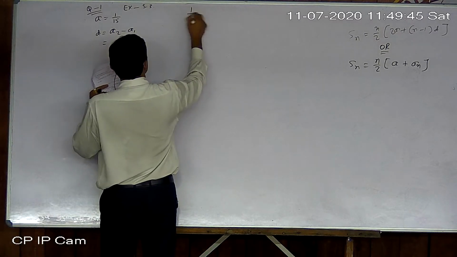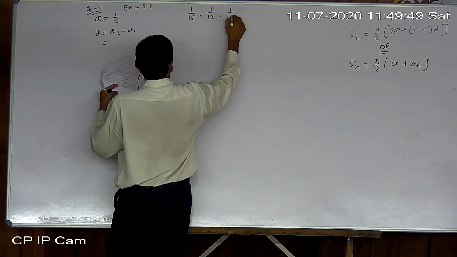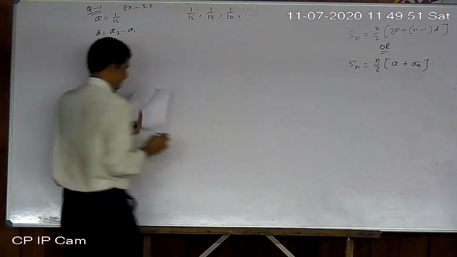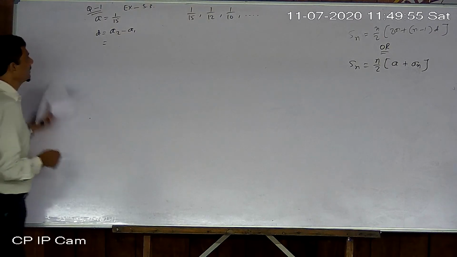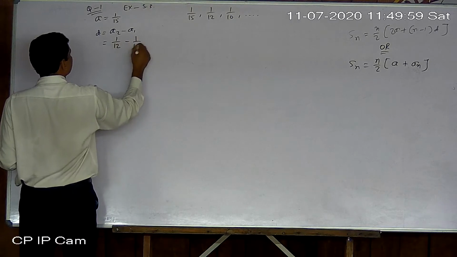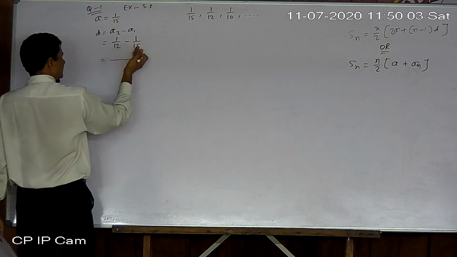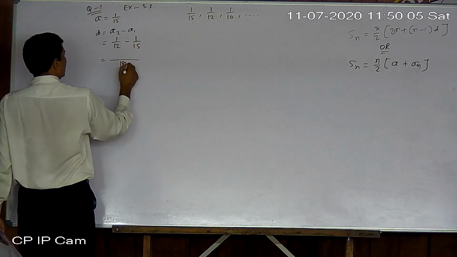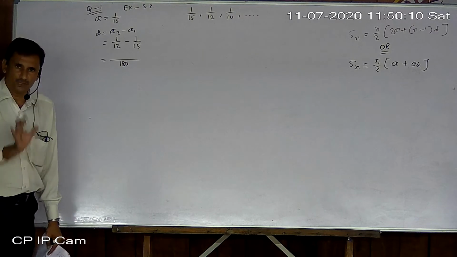Our progression is 1 upon 15, 1 upon 12, 1 upon 10, like this. So 1 upon 12 minus 1 upon 15. Now 15 into 12, I am cross multiplying there. Otherwise you can take the LCM also, both are the same.